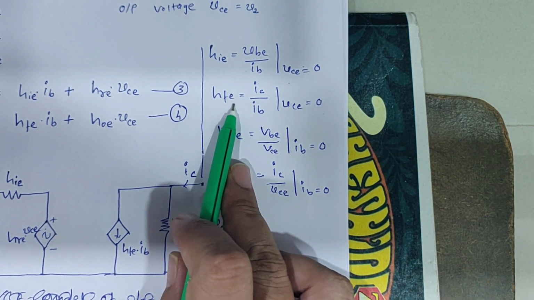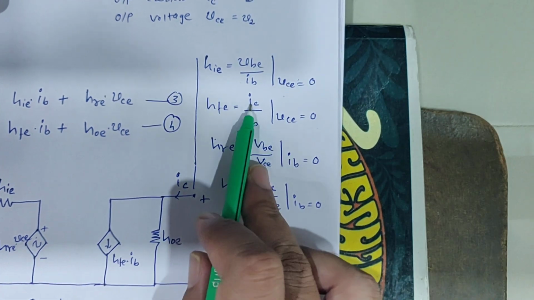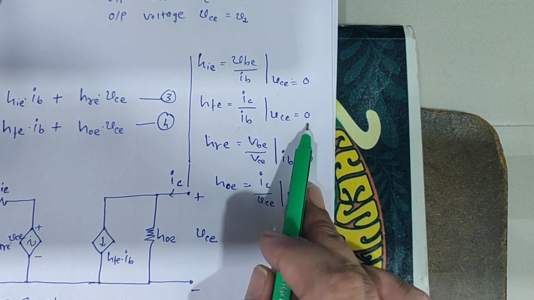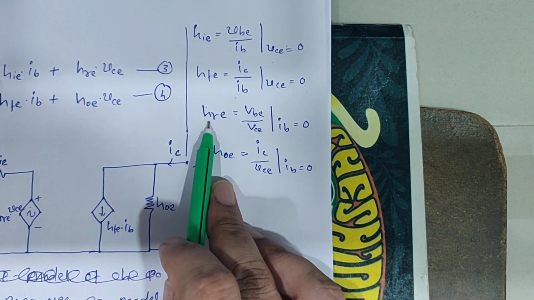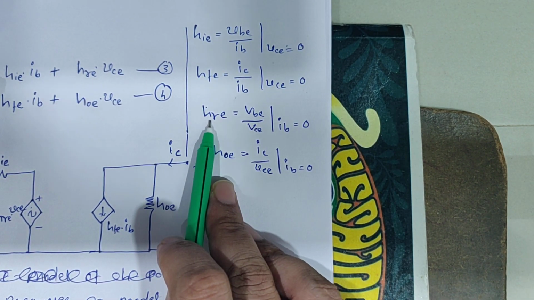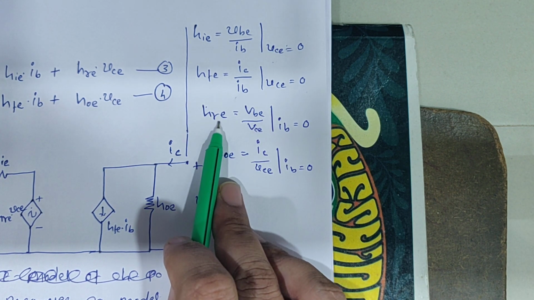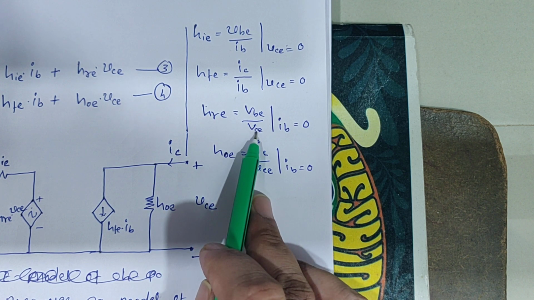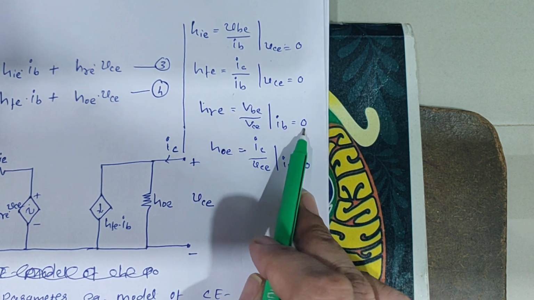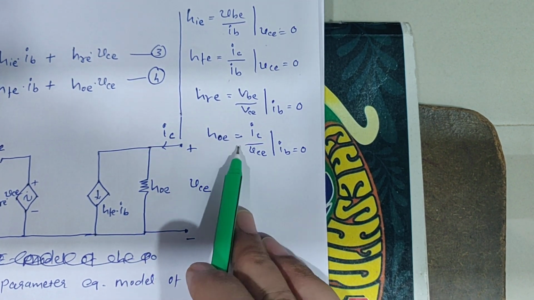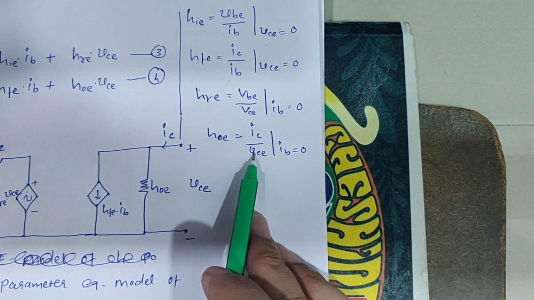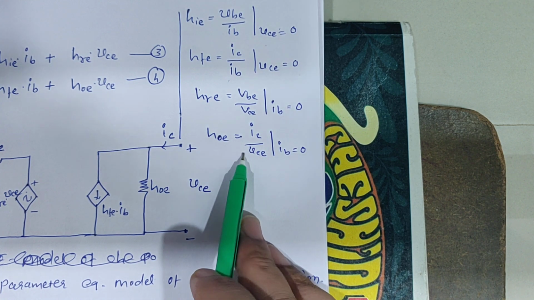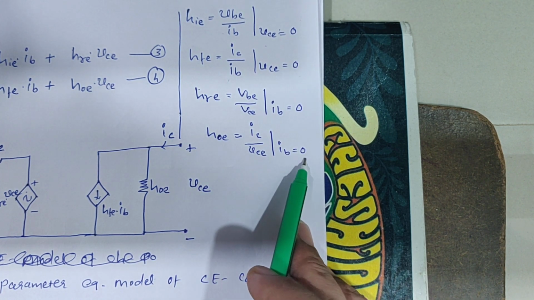This is the forward current gain, HFE. The equation is IC upon IB, at VCE equals 0. Now this is the reverse voltage gain, HRE, for common emitter configuration, which is nothing but VBE upon VCE at IB equals 0. And HOE, which is IC upon VCE, is the output admittance at IB equals 0.